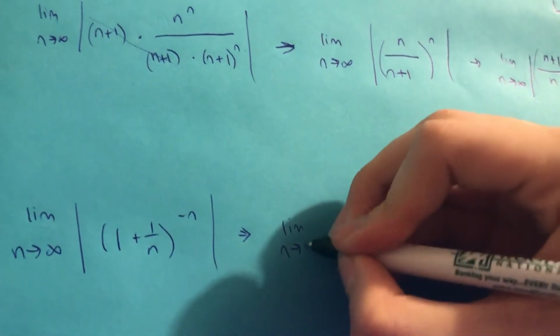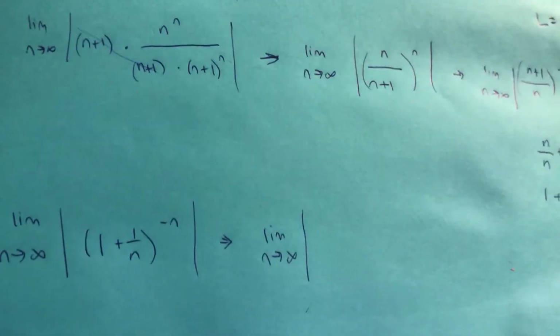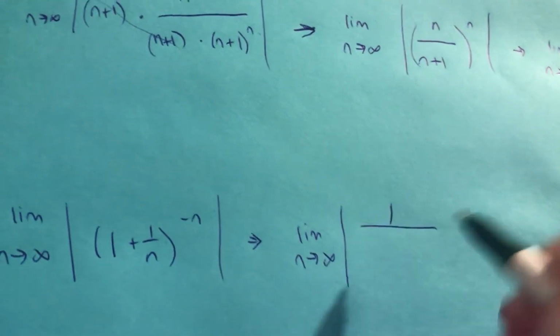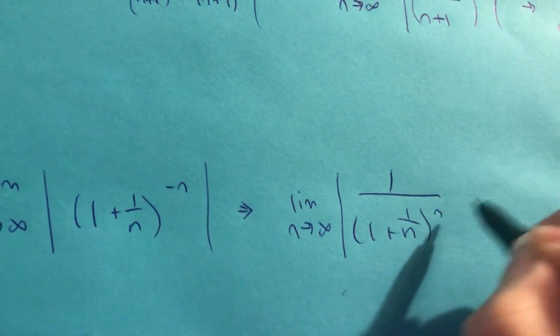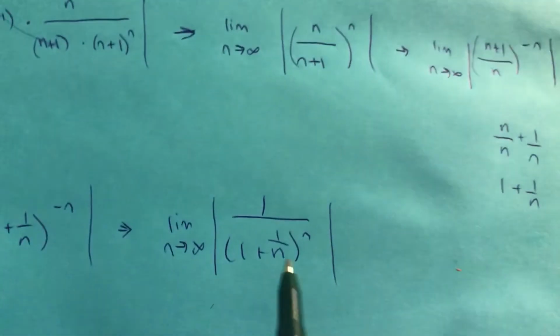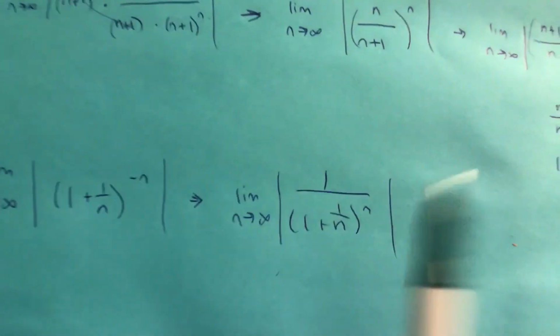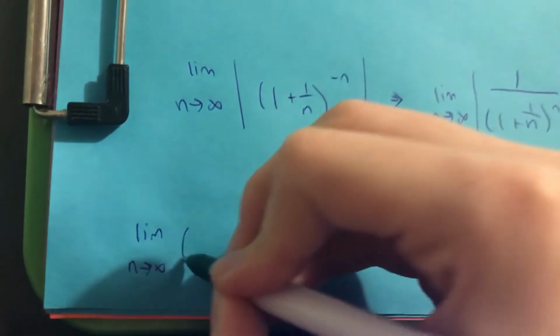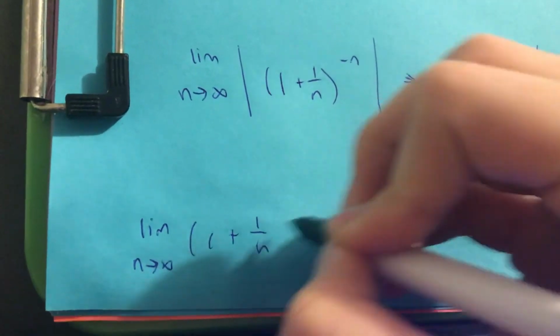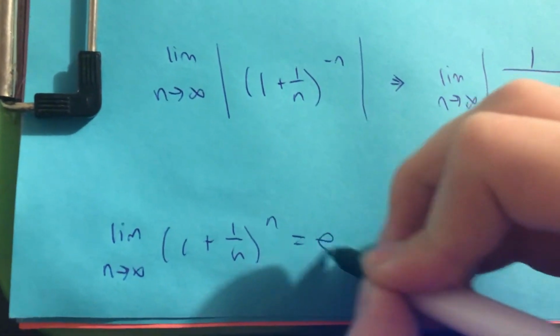Negative n, we can rewrite that as the limit as n approaches infinity, absolute value, of 1 over (1 plus 1 over n) to the n. Recall that the limit as n approaches infinity of (1 plus 1 over n) to the n is e.